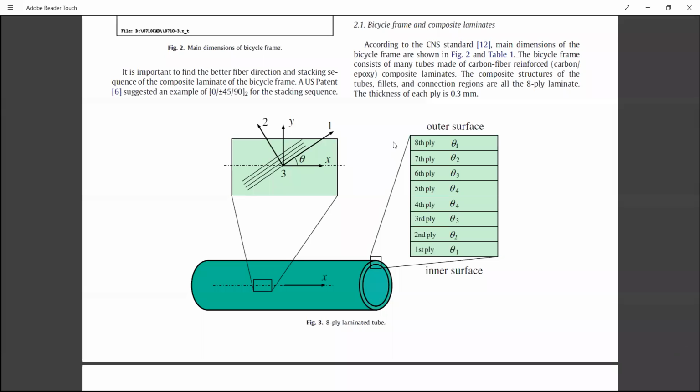Fabrication processes we'll discuss in a separate module: how to fabricate plates, how to fabricate these kinds of tubes. But for your question, it can be directly made as a tube. You don't have to make it as a plate. Manufacturing methods we will discuss a little later.